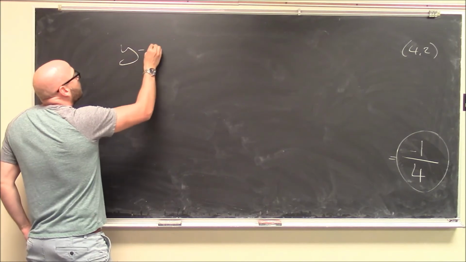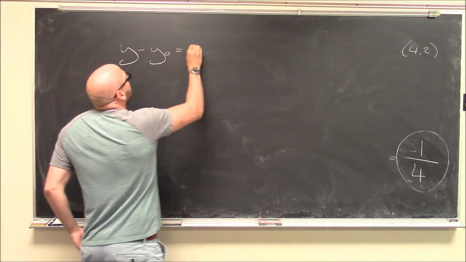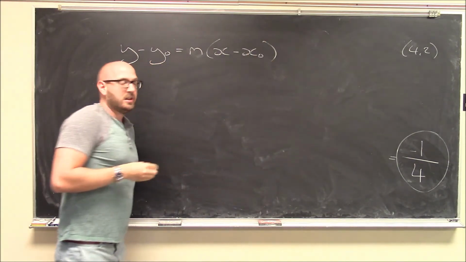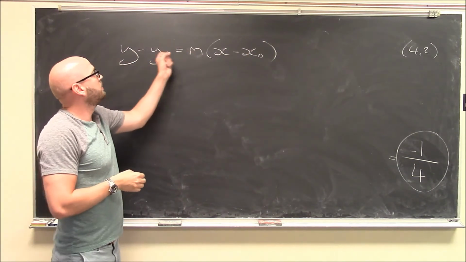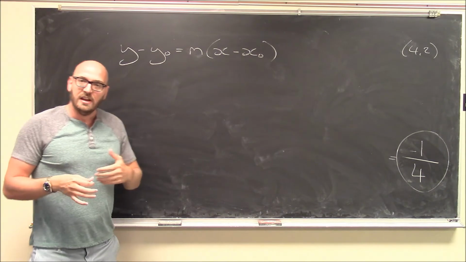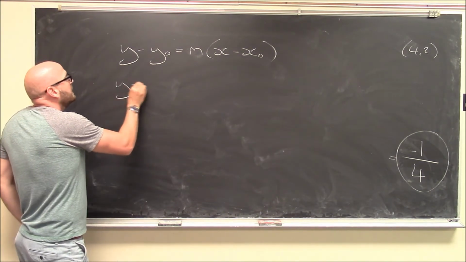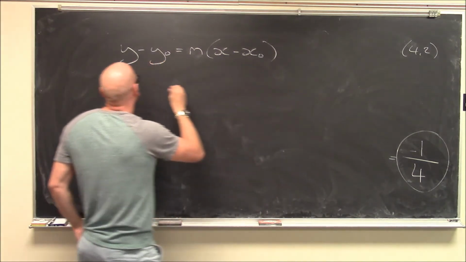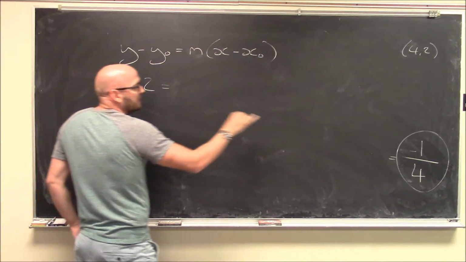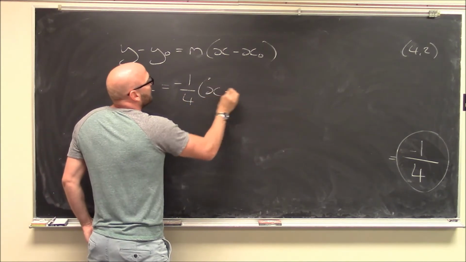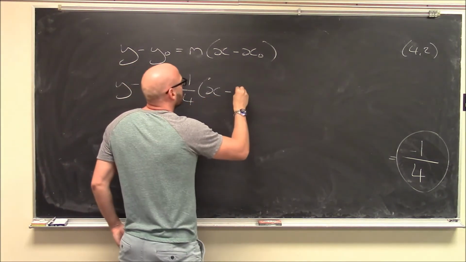The general form is y minus y naught equals m times x minus x naught. M is the slope, x naught, y naught are the known coordinates of a point on the line. So what we're looking for is y minus the y coordinate 2 equals the slope minus 1/4 times x minus the x coordinate 4.